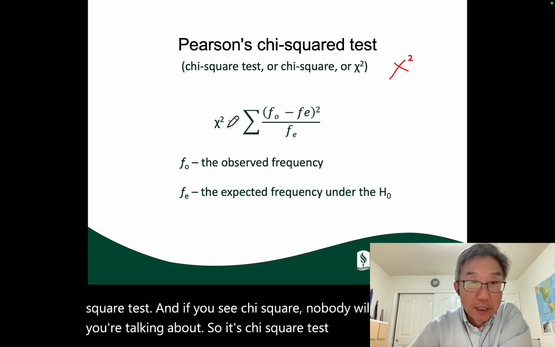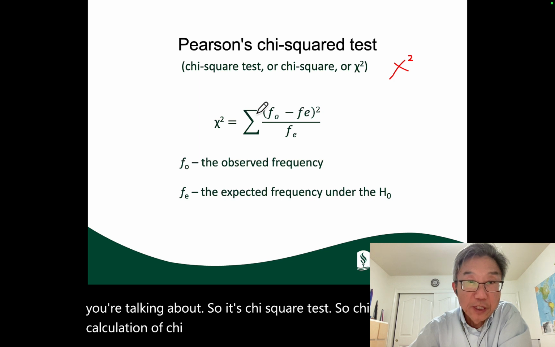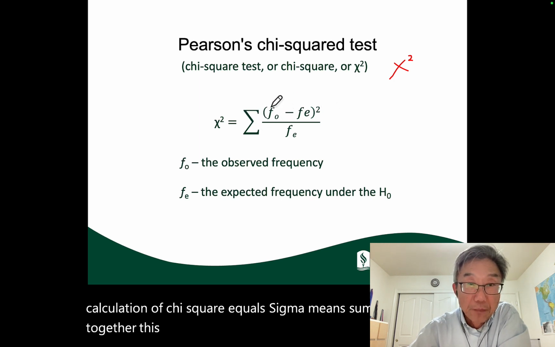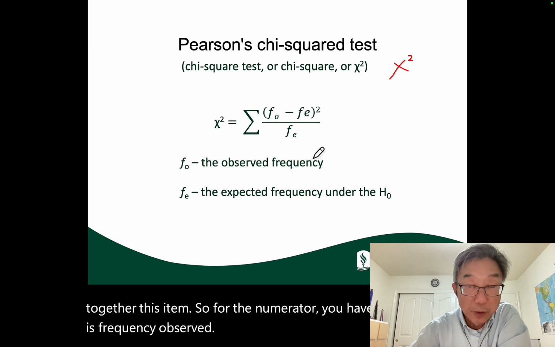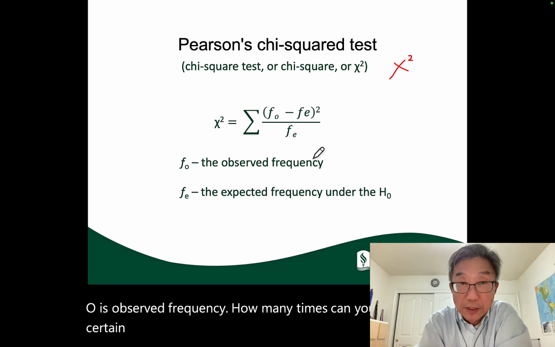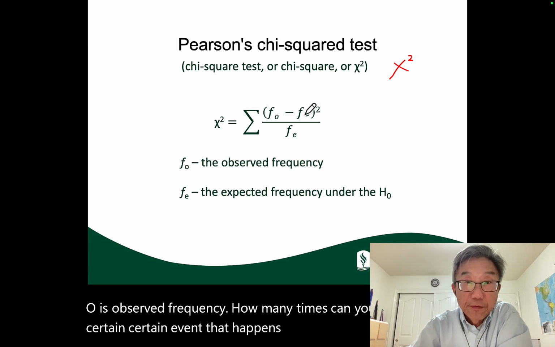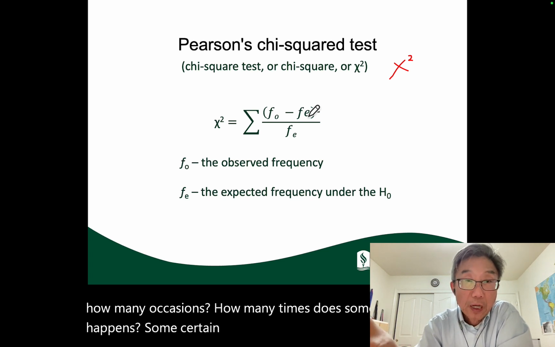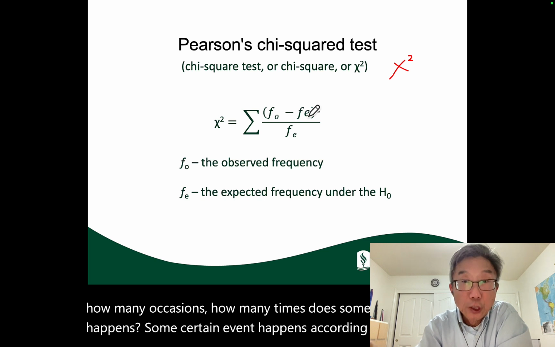So for the chi-square test, the calculation of chi-square equals sigma, which means sum. You add together this item. For the numerator, you have two things. One is the observed frequency, FO. How many times you observe a certain event happening. Minus F expected, which is how many times a certain event happens according to the null hypothesis.